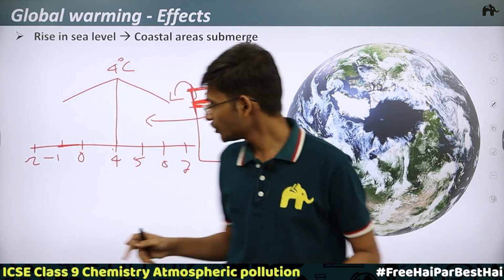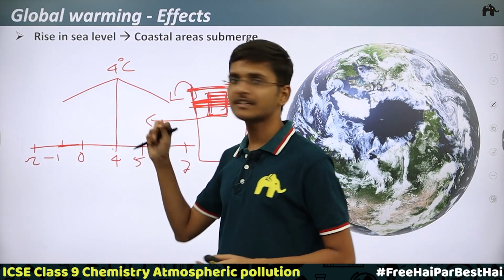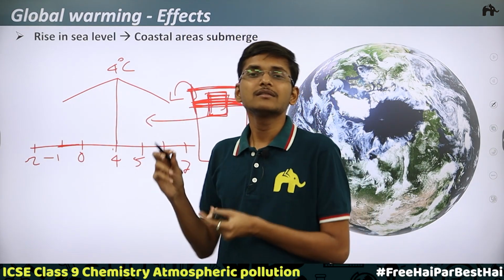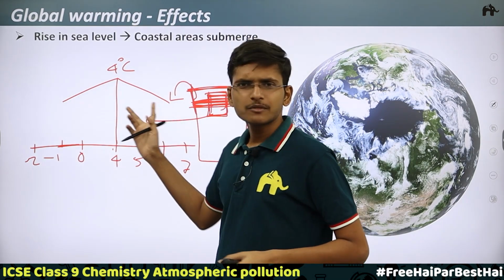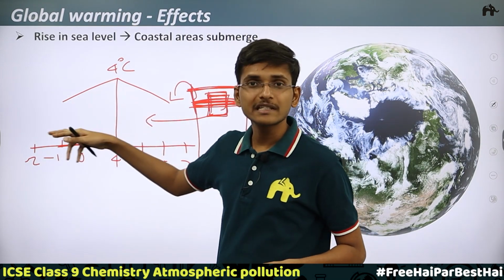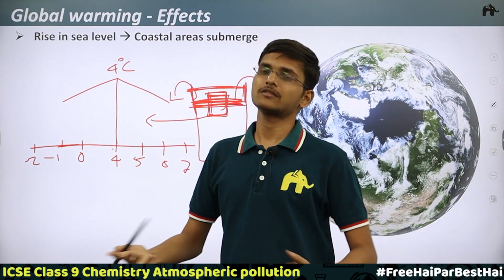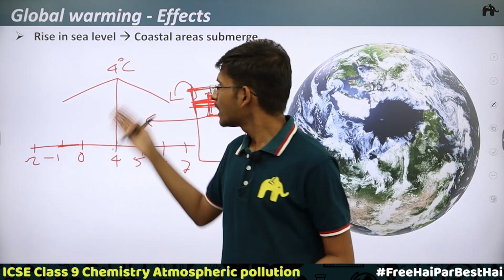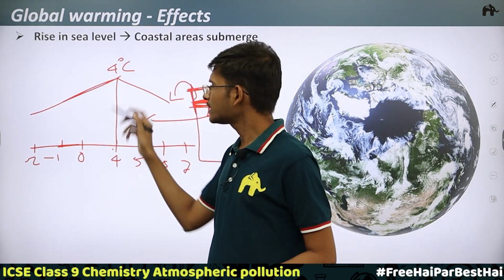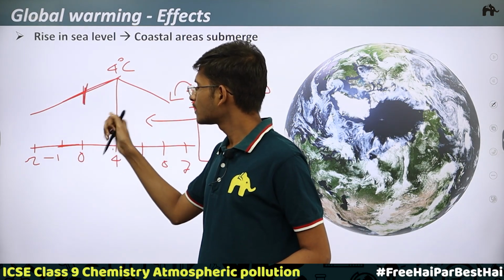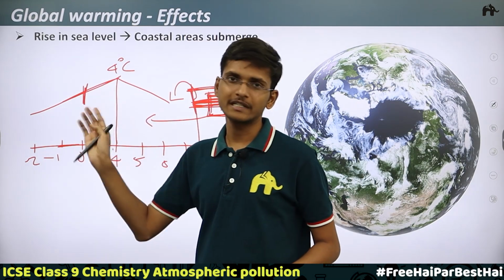When we decrease the temperature down to 4 degrees centigrade, what is happening? The water gets contracted, so it becomes more and more dense, and after 4 degrees Celsius, on further cooling, we know water expands. That is called the anomalous expansion of water, and that expansion continues below 4 degrees Celsius.